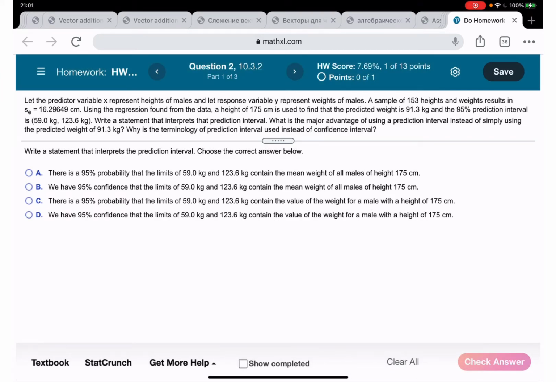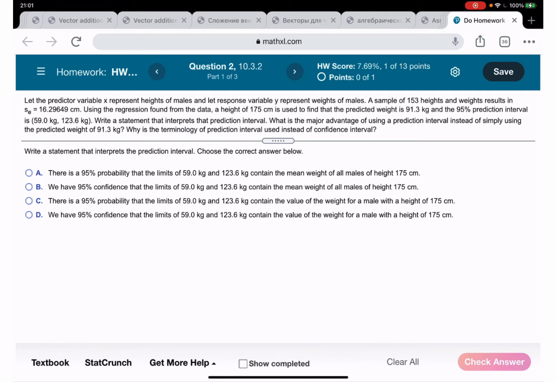What do we have? Let the predictor variable x represent height of male and response variable y represent weight of male. A sample of 153 heights and weights results in a standard error of 16 point something centimeters. Using the regression found from the data, a height of 175 centimeters is used to find the predicted weight of 91.3 kilograms.